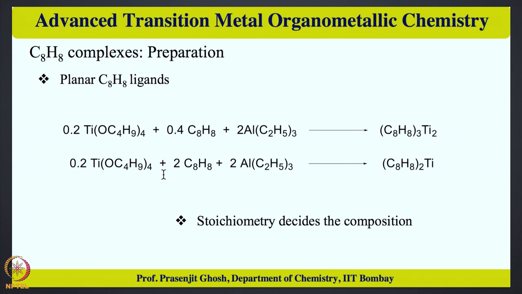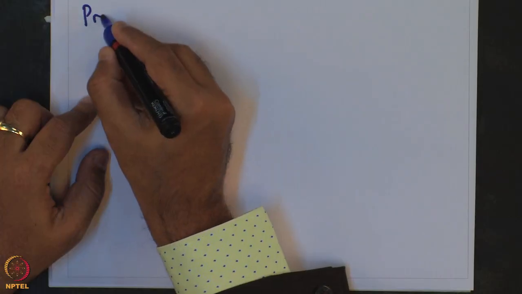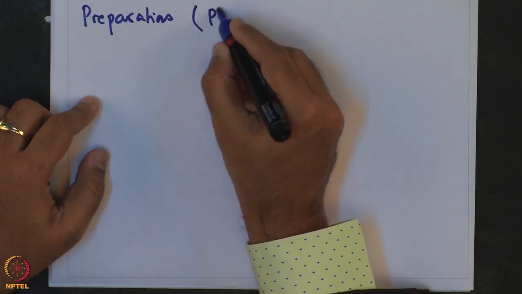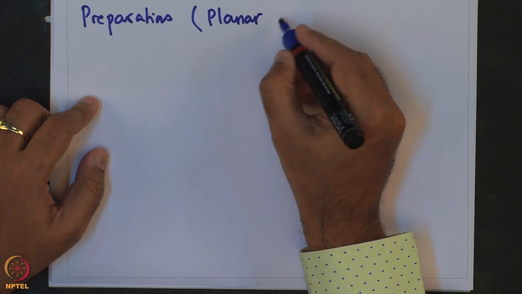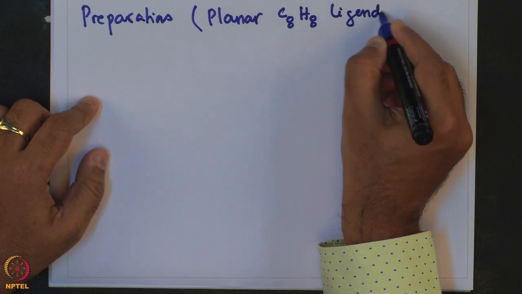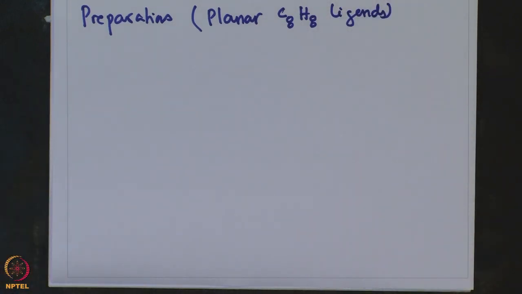Now, the preparations that we are going to be talking about are the planar C8H8 ligands and their complexes. So, the discussion on these few preparatory methods would now focus on obtaining transition metal complexes of planar structure of the C8H8 ligand. So, preparations of planar C8H8 ligands. This involves preparation of transition metal complexes containing planar C8H8 ligands.